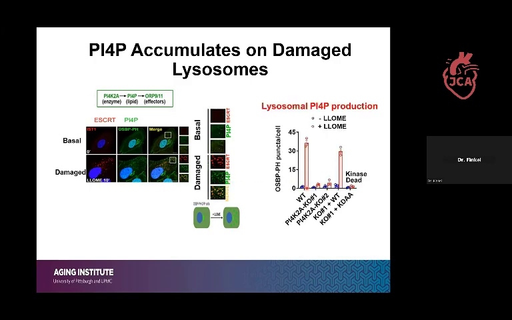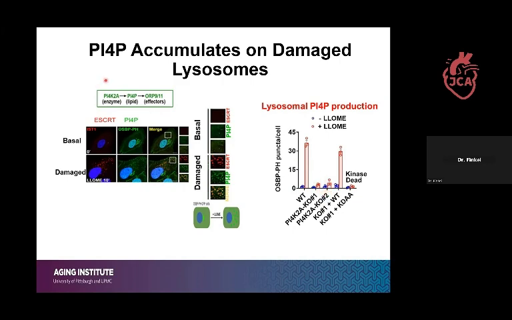And again, I won't go through all the details, but that's shown quantitatively here. Under normal conditions, we see no PI4P on the lysosome. But then immediately after damage, you see this huge increase in PI4P on the surface of the lysosome. Now, if you CRISPR out this kinase that we identified that is recruited, that PI4P on the surface of the lysosome is gone, basically.